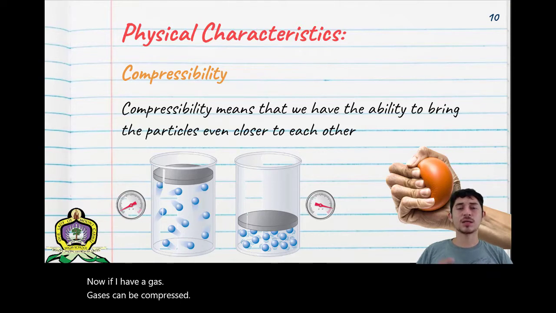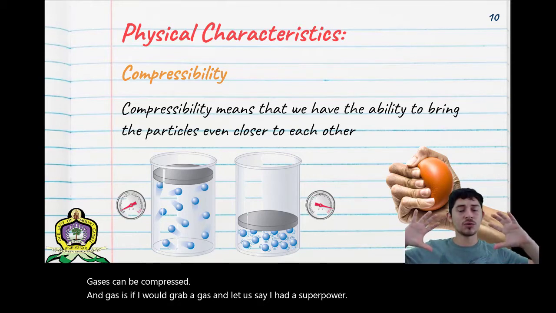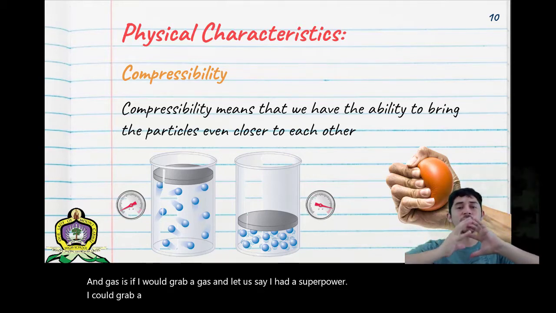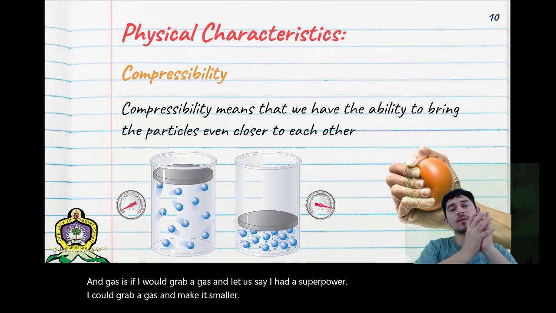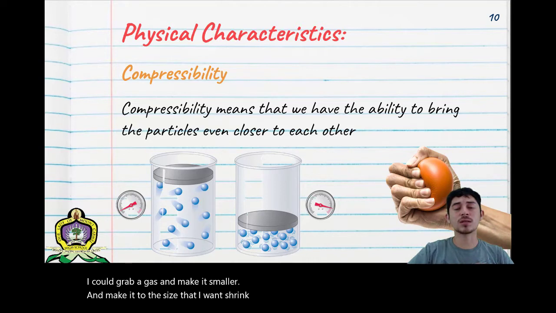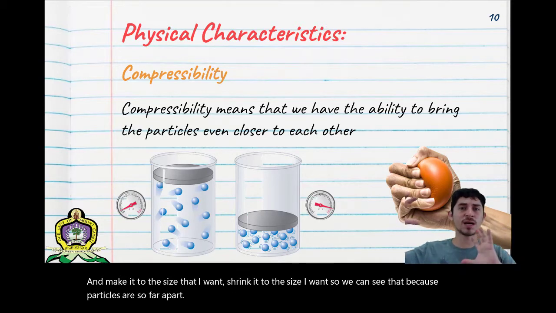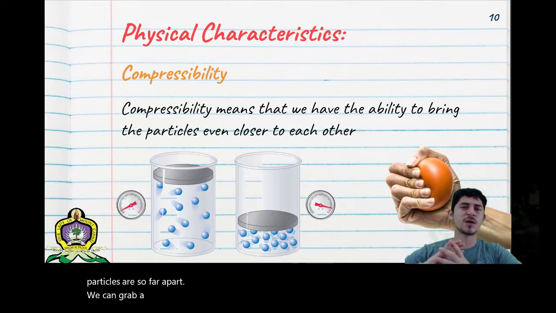And if I had a superpower, I could grab a gas and make it smaller, shrink it to the size I want. So we can see that because particles are so far apart, we can grab a gas and make it very small.